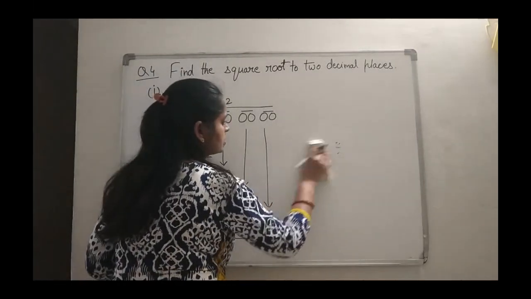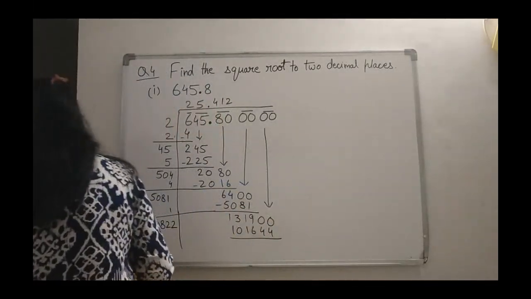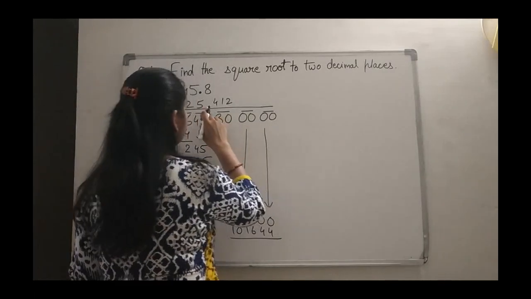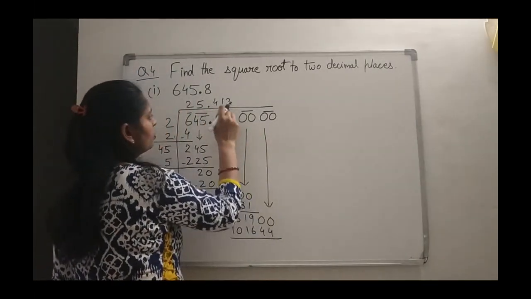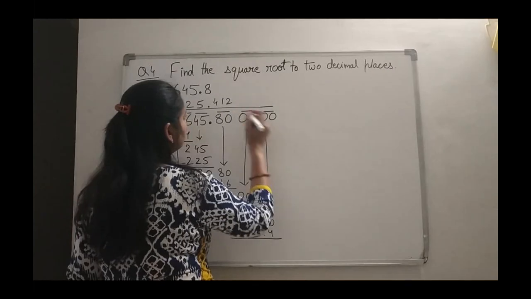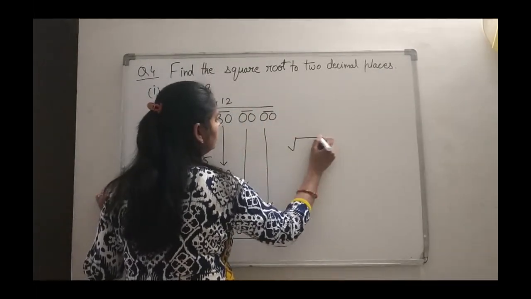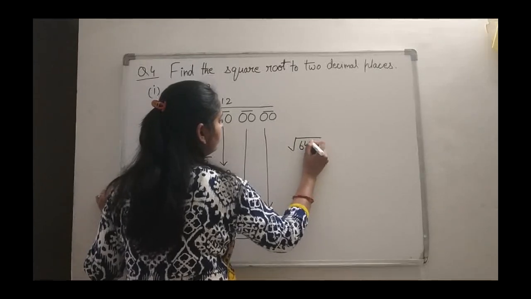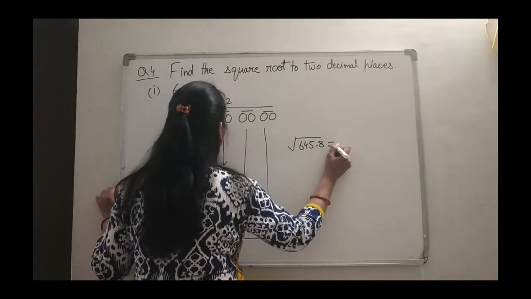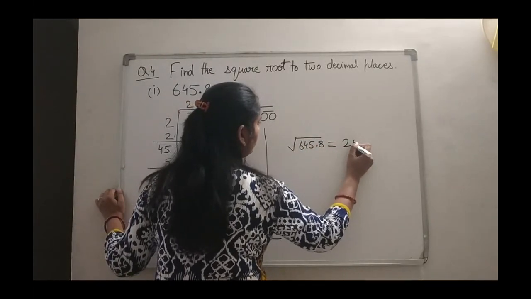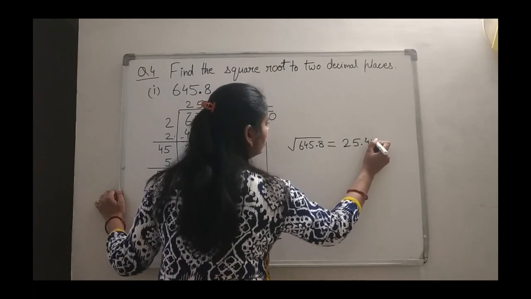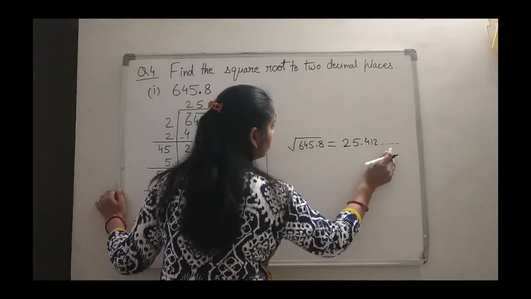So for this, now what will we do? Square root of this. We got 25.412. So the approximate value, because it is not going to end, the root value of 645.8 will be 25.412, and this is not going to end.